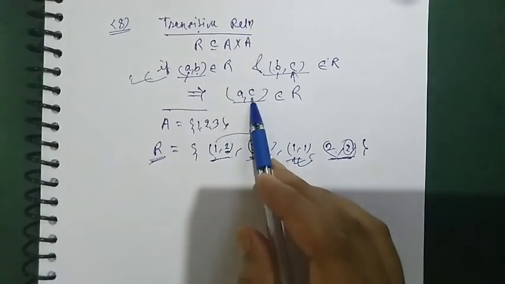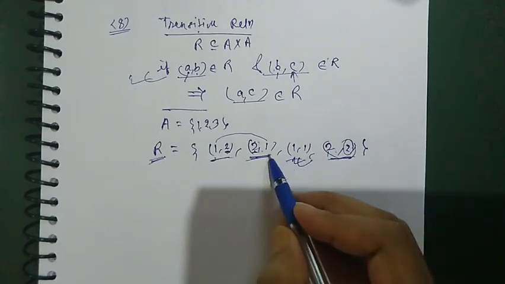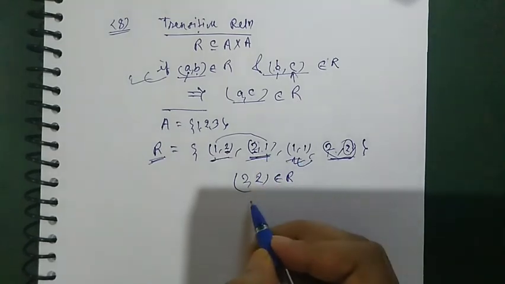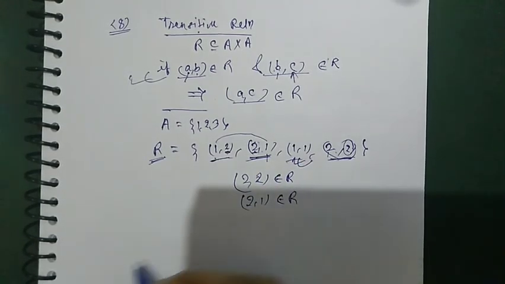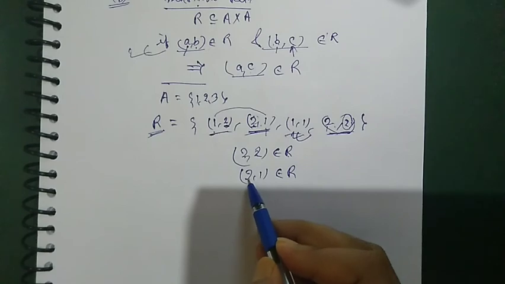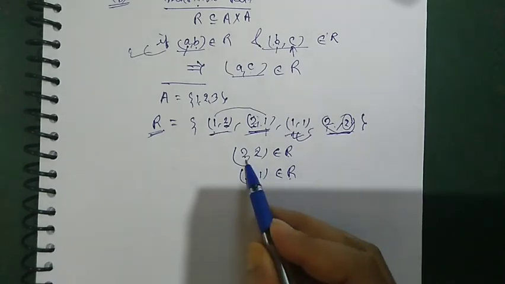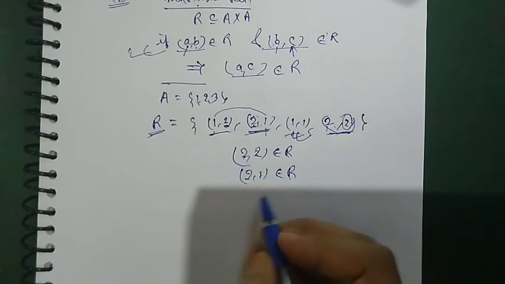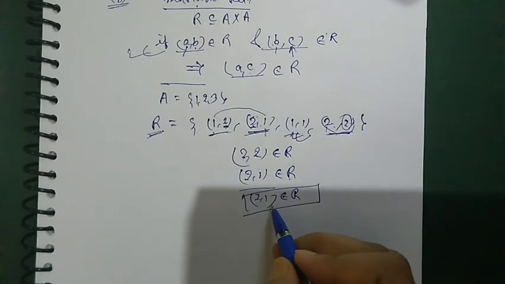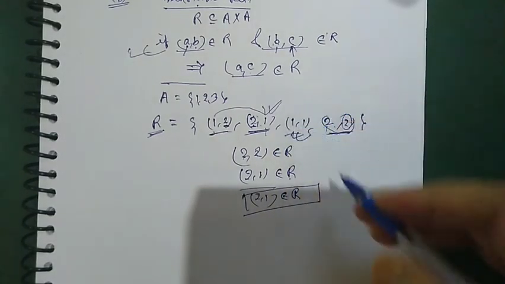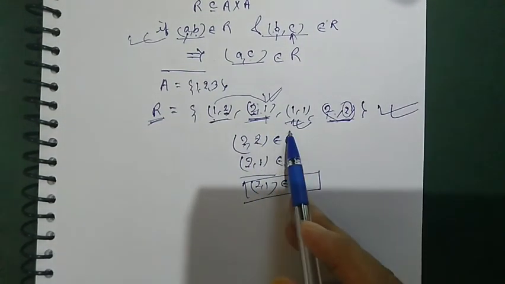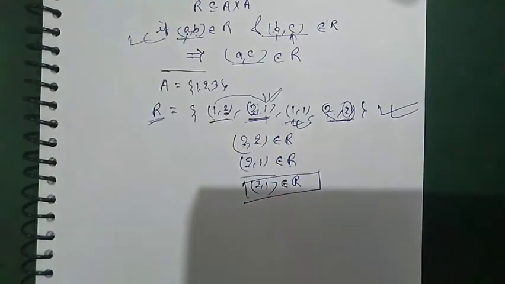So A comma C must belong to R. That means 2 comma 2 belongs to R and 2 comma 1 is also from R, that means A comma B belongs to R and B comma C belongs to R. So A comma C, that means 2 comma 1, must also belong to R. It is necessary for this relation to be a transitive relation. Here 2 comma 1 is present, so this is a transitive relation. Similarly, we have to check all the ordered pairs and verify that it is a transitive relation.